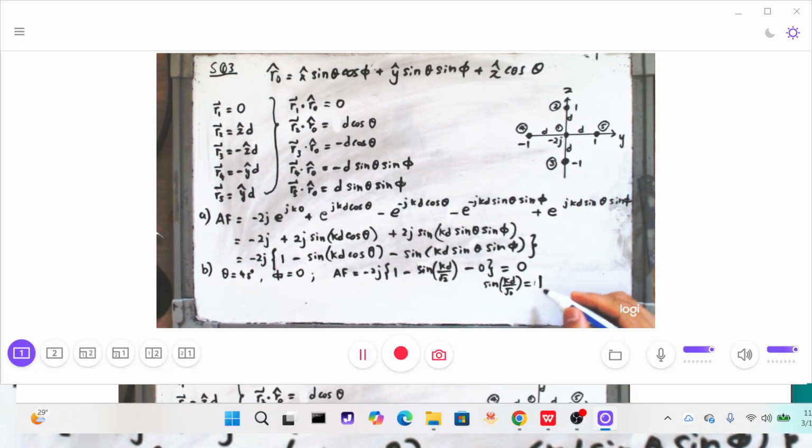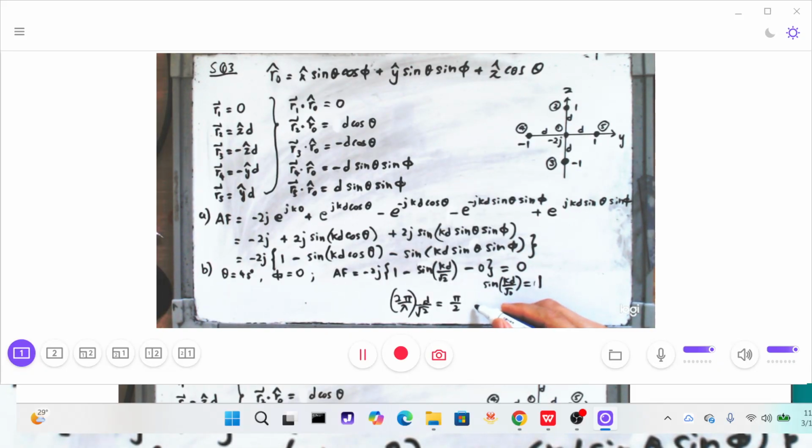So this means kd divided by square root of 2 is equal to, say, pi over 2. And in this case, k here can be written as 2 pi over lambda.